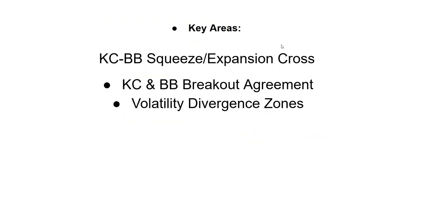So here what we are seeing is Keltner channel Bollinger Band squeeze, cross, expansion, cross. Sometimes what happens is the Bollinger Band squeezes inside, only the lower Bollinger Band or sometimes the upper Bollinger Band, it will squeeze inside the Keltner channel and it indicates momentum is building.